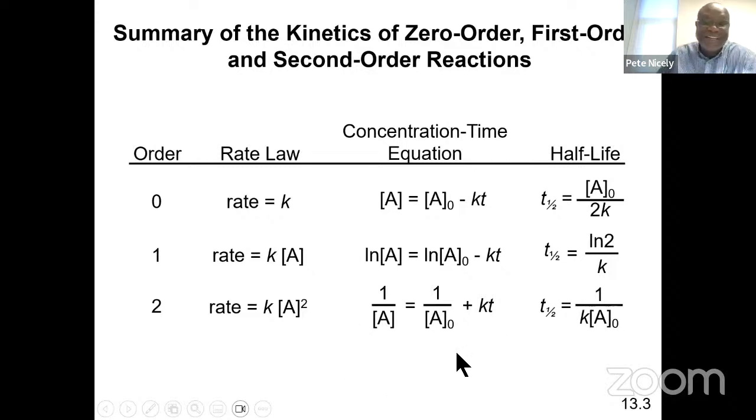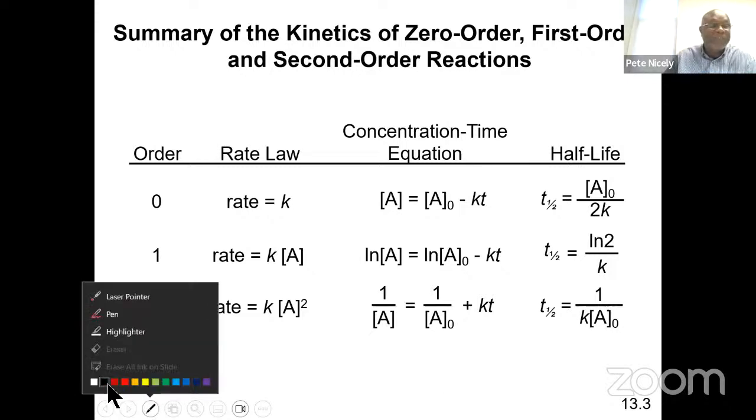One more thing I want to say here, and that is in the case of a second order reaction, the plot on a graph that can be used would be plotting 1 over A versus t. In this particular case, let me go back to my pen function here.